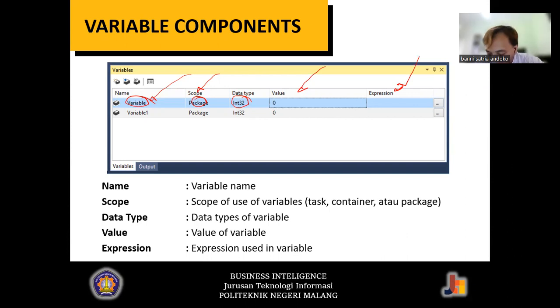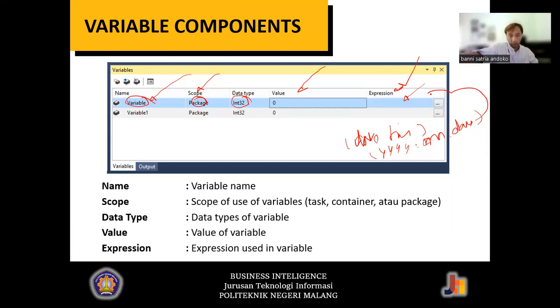So let's say the example of this expression is that maybe you want to define a date time variable, and then the format of the date time will be defined as year with 4 digits, and then month, and then day. This kind of expression can be defined in this column, and many more.